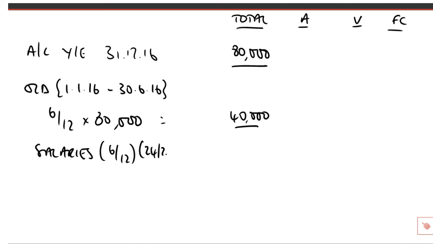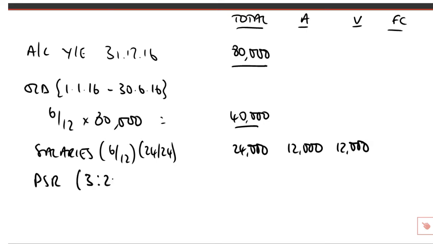They were £24,000 for each of partners A and V. So 6/12, half of 24, will be A credited with 12, V credited with 12, £24,000 therefore in total. So we've allocated with salaries 24 out of the 40, meaning that our profit sharing ratio, look back, that was 3:2 between A and V, is now to be used to split out the remaining profit.